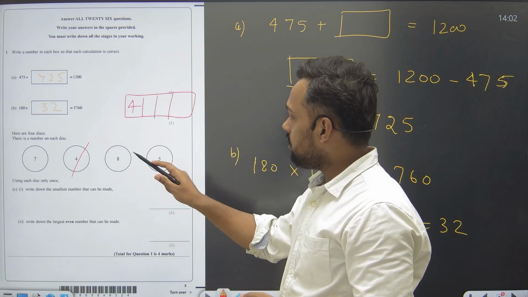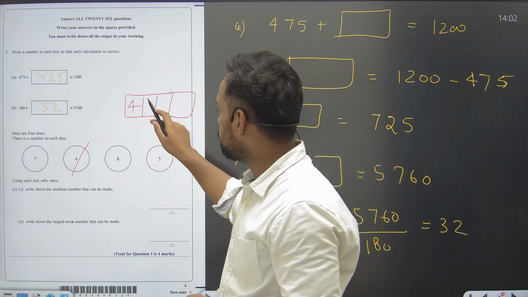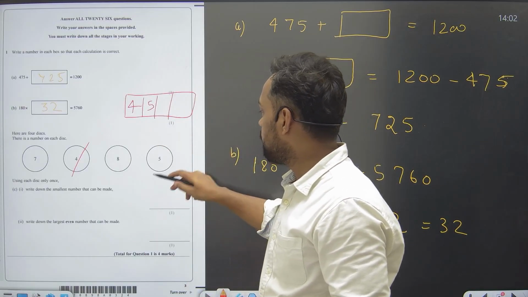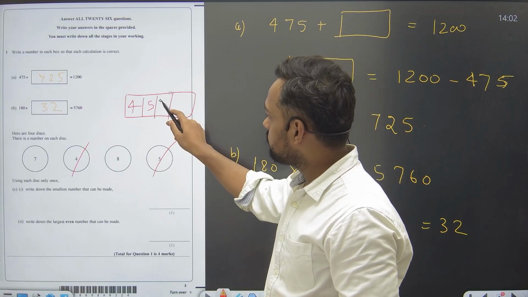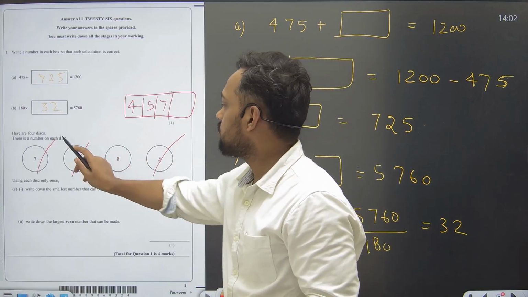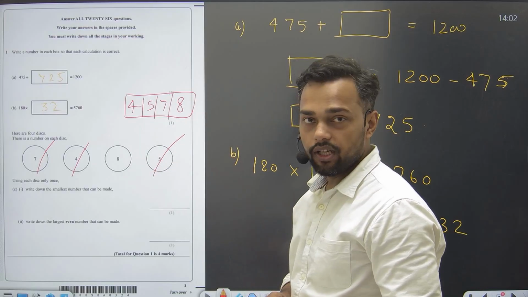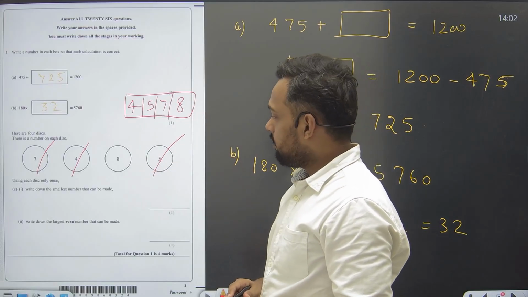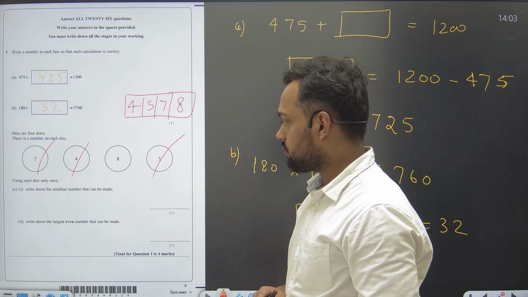In 7, 8 and 5, the smallest number left is 5, so 5 is cancelled. Now in 7 and 8, the smallest is 7. This also got cancelled. In the last we are left with 8. So 4, 5, 7, 8 is the smallest number possible that can be made with these discs.